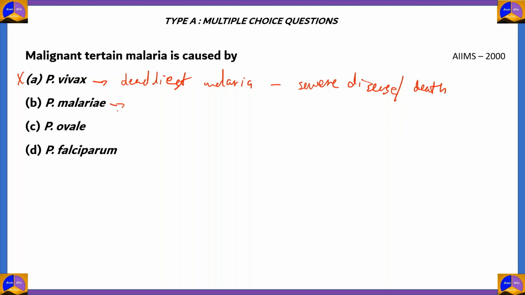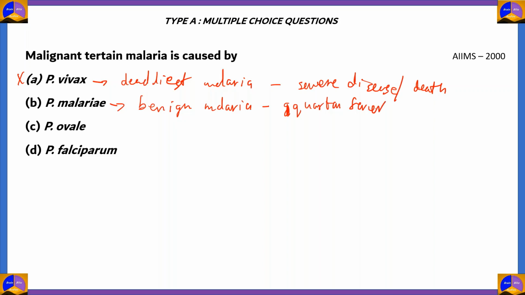What about option B, Plasmodium malariae? Plasmodium malariae produces the exact opposite, benign malaria. Benign malaria is very light, and so it does not immediately cause death. It is characterized by a phenomenon known as quartan fever.